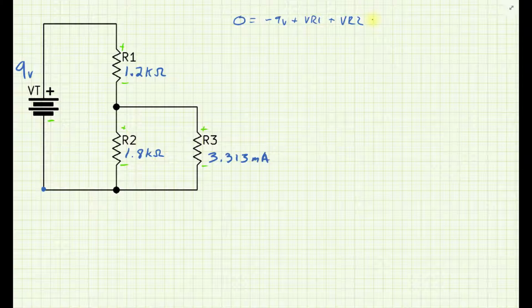So one of the first things that I'll do, maybe I'll have it in these terms. So that's 9 volts equals VR1 plus VR2. I need to expand my terms and use what I know about Ohm's law.